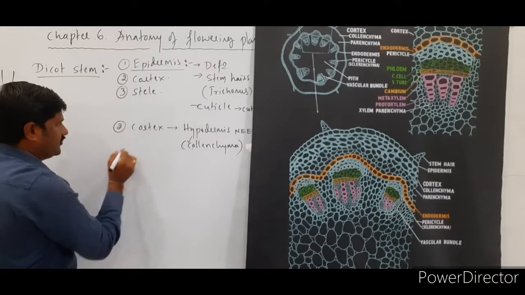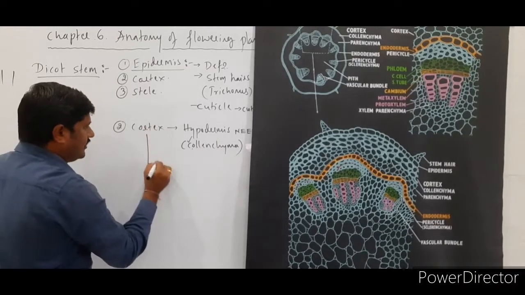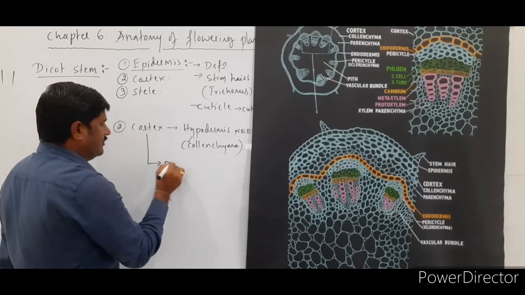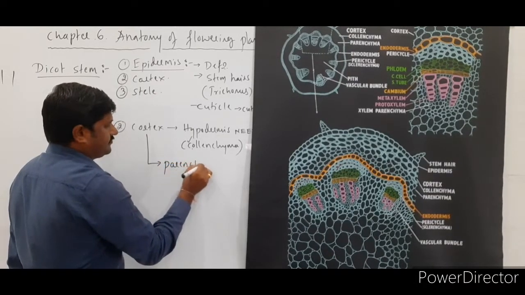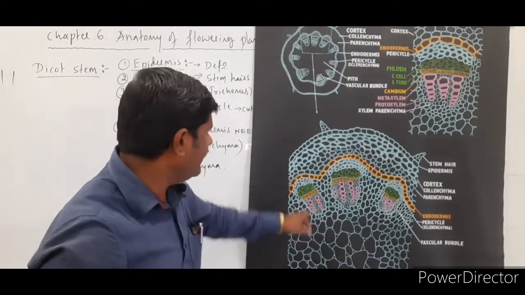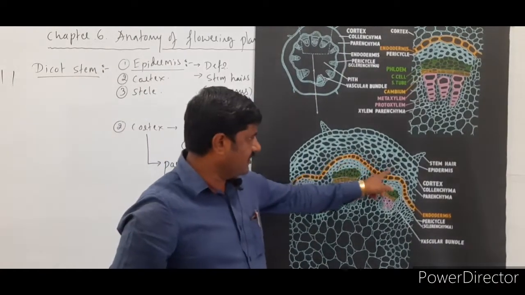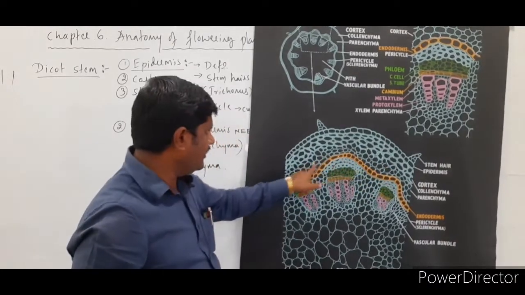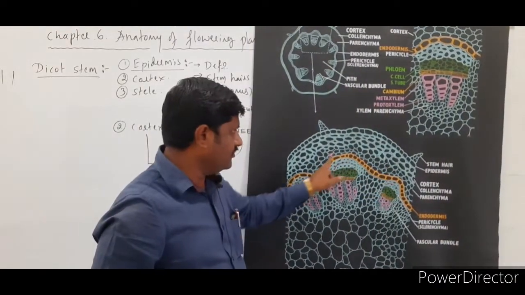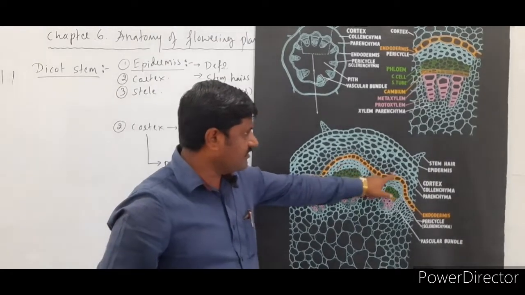After this, the cortex is next. It is made up of loosely arranged parenchyma. See here, some loosely arranged cells are seen, and these form the parenchyma tissue with large intercellular spaces.